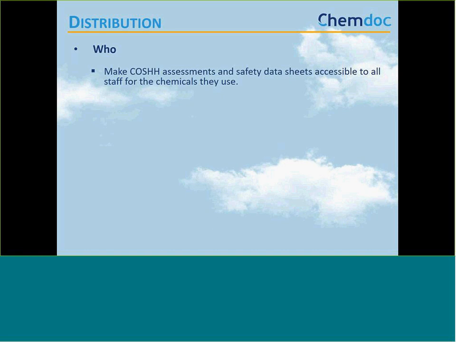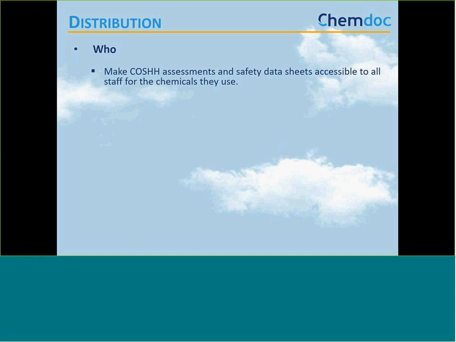They keep them in a folder in their own office, or in a folder on their own PC, and they don't actually distribute them to anyone, which means all that work is ultimately useless, because the point of writing a COSHH assessment is to come up with procedures, etc., for how this chemical can be used safely within your organisation, and ultimately those procedures have to be given out to the staff that are actually using them.